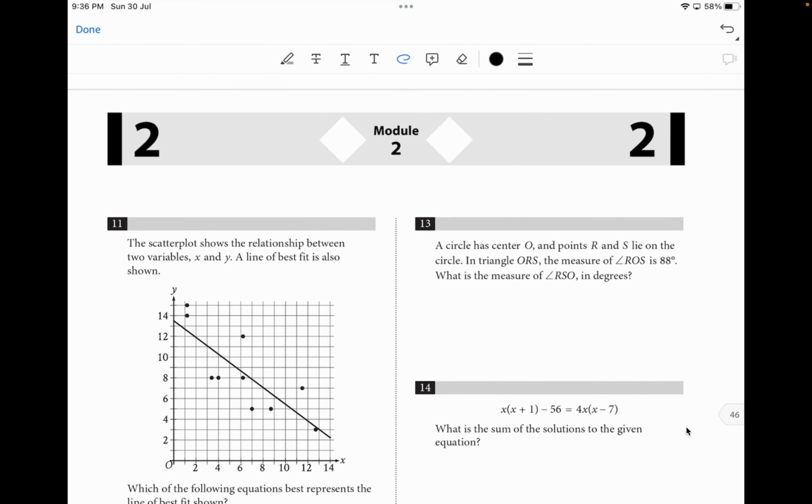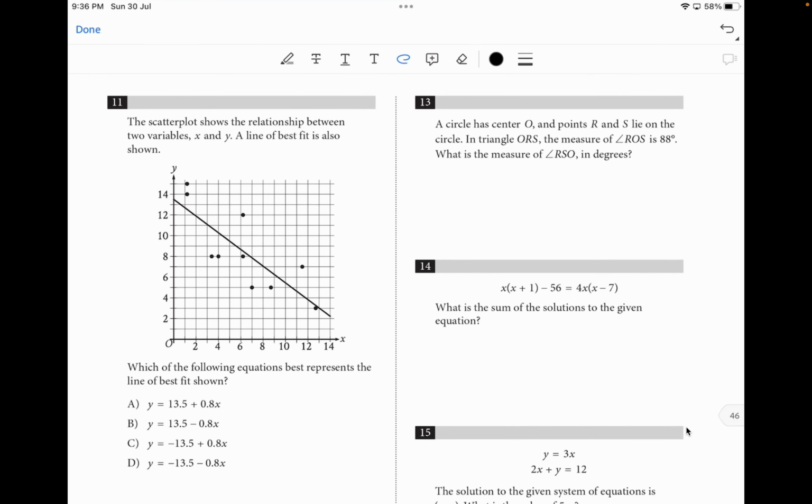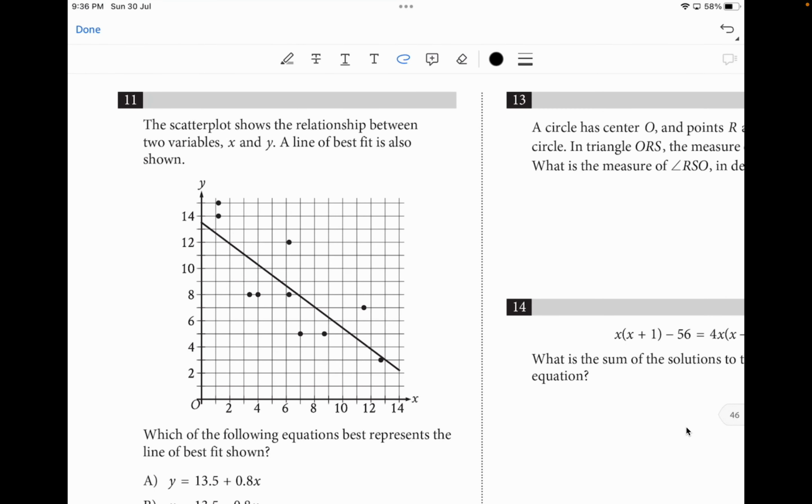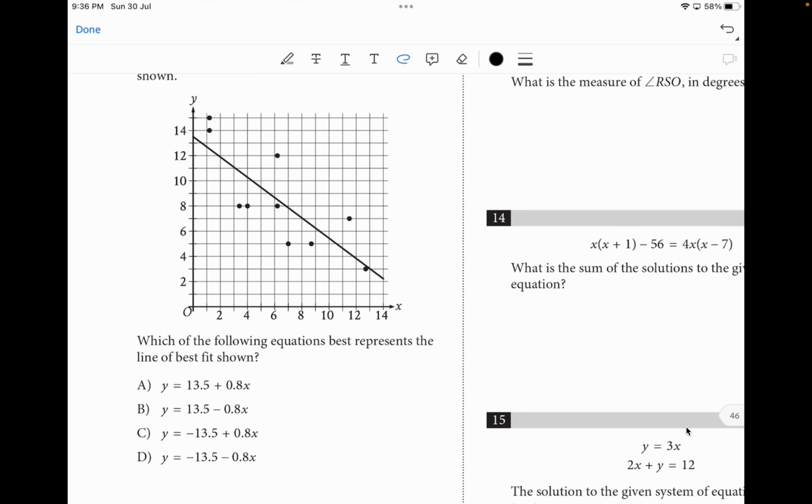Let's move on to question number 11. Question number 11 is about scatter plots. The scatter plot shows the relationship between two variables, x and y. A line of best fit is also shown. Which of the following equations best represents the line of best fit shown? So when we find out how much this is increasing by in terms of squares, we're going to be doing 2 divided by 2.